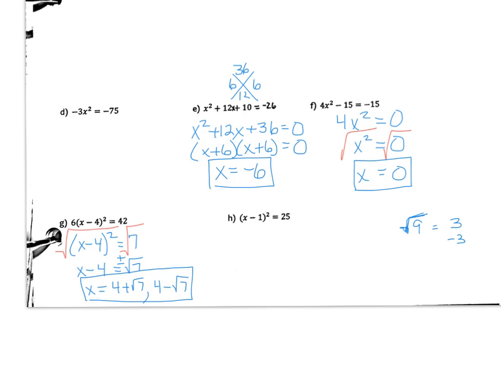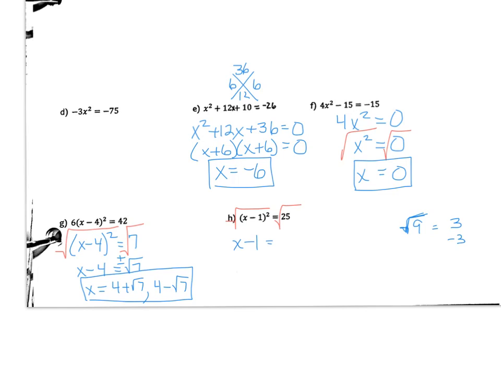All right, let's try H. Okay, so this one, you have something squared, and the opposite of squaring is take the square root. So I'm going to take the square root of both sides. Here on the left, the square root of x minus 1 quantity squared will just be x minus 1.